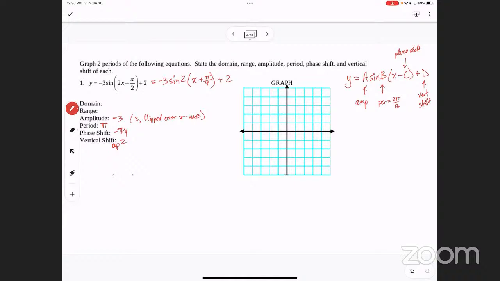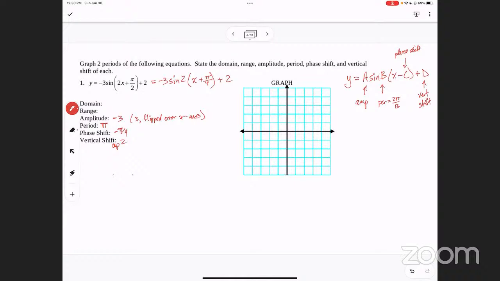My range is then going to be, since the amplitude was -3, but I shifted it up 2, my range is basically, so here's what I do now.